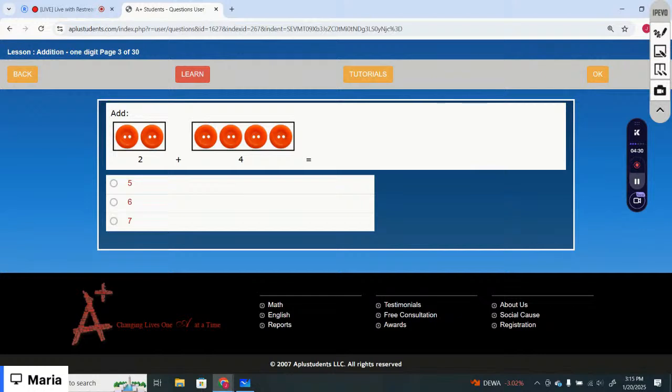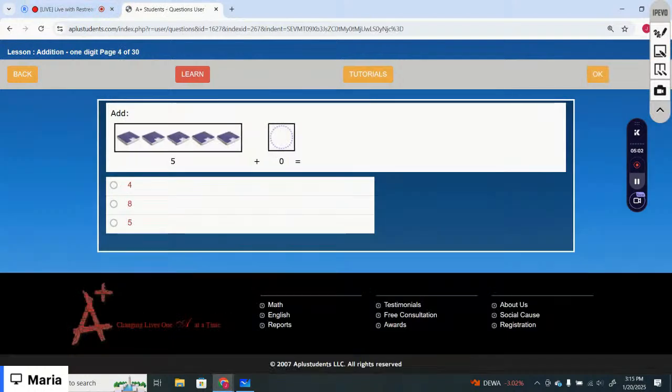4 plus 2, which is the correct option? That is 6. 4 plus 2 makes 6. 5 plus 0, which is the correct option?